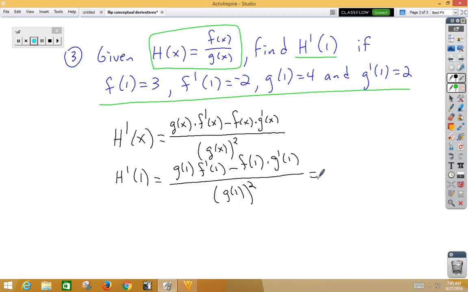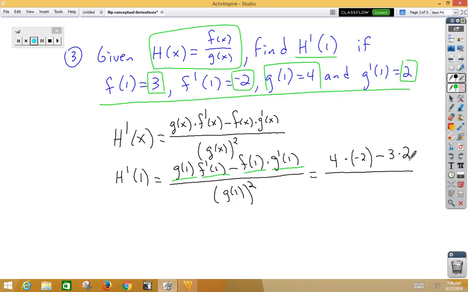Let's look for those values in the directions. g of 1 equals 4, so we have a 4 on top, multiplied by f prime of 1, which is negative 2, so multiply by negative 2, minus f of 1 is 3, multiplied by g prime of 1 is 2.